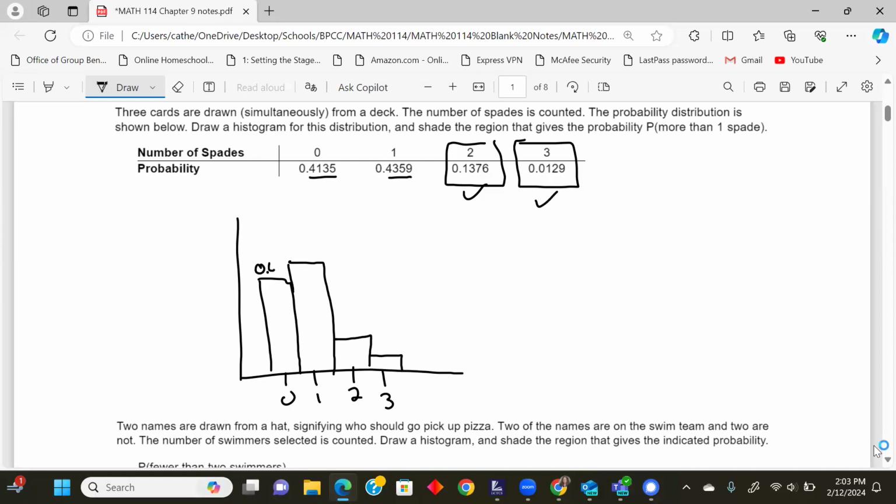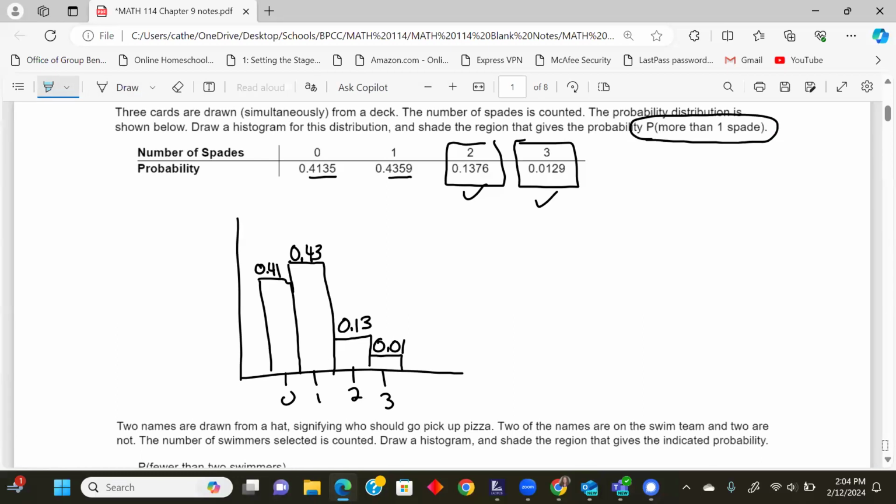So this is 0.4135, 0.4359. I just don't have room to write out all of those. 0.1376 and 0.0129. So the higher the probability, the higher the bar. And they want to know, shade the region that gives the probability that it's more than 1 spade.